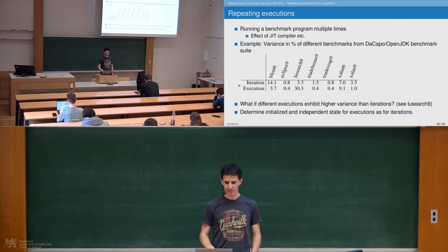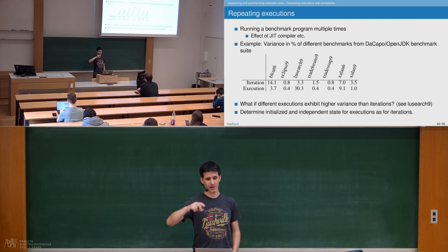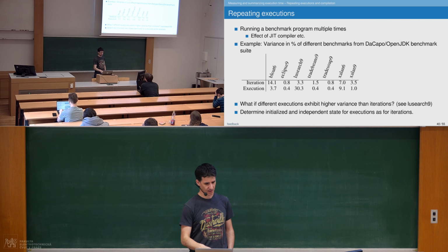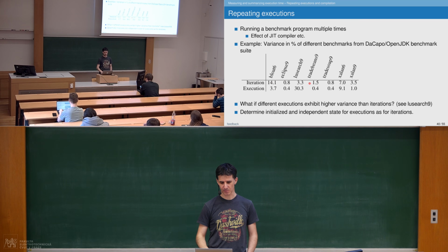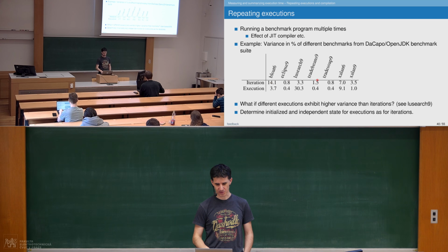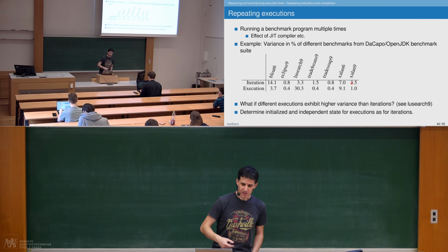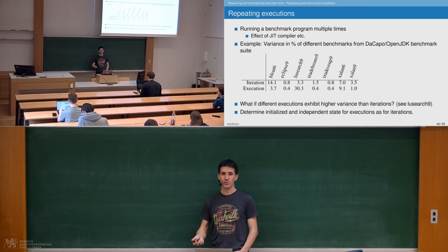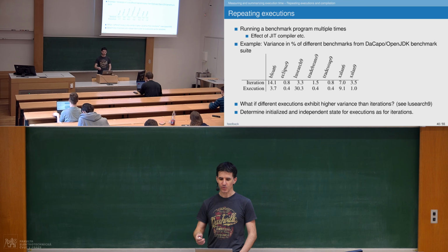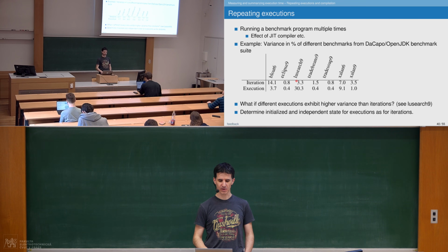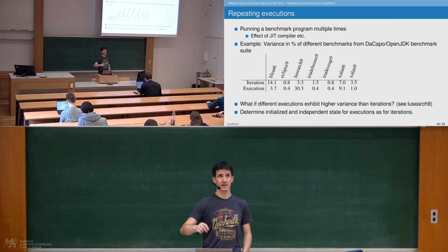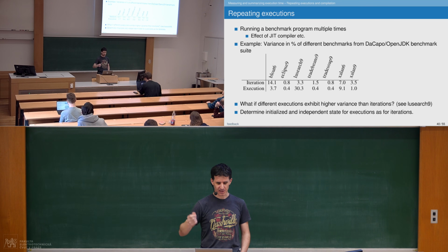If they measured the variance of iterations inside the program in the functions, sometimes it's big, sometimes it's low, but yeah, there is some variance. But then they repeated the same experiments and looked at the variance not only within a single execution like here, but what was the variance between different executions.